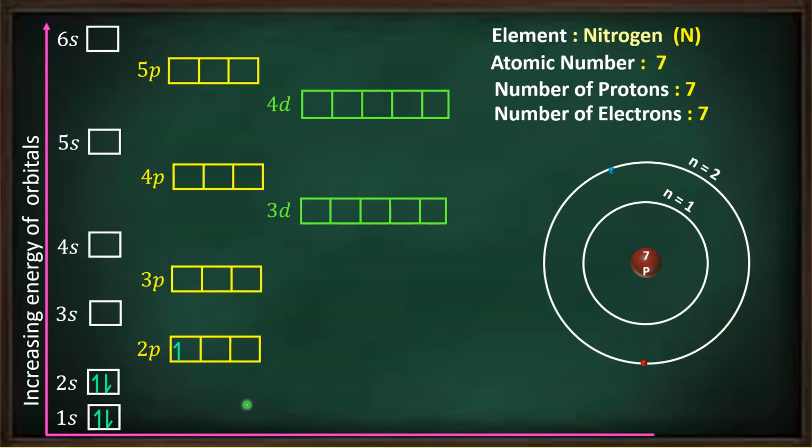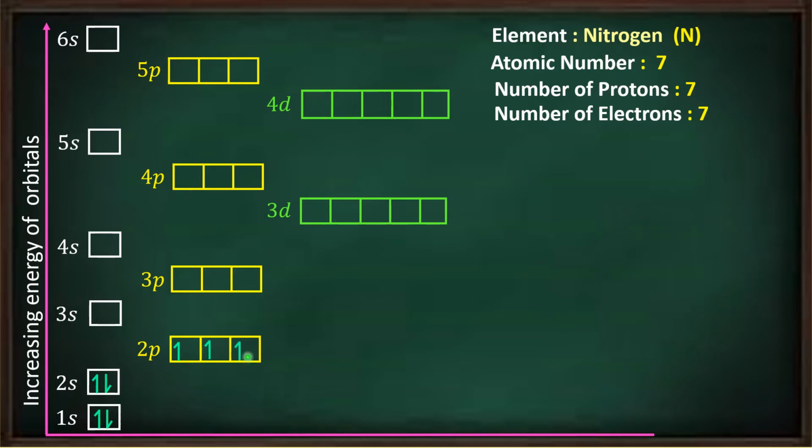Next electron enters into the empty orbitals of 2p, and the last electron, that is the discriminating electron, enters into the remaining empty 2p orbital.